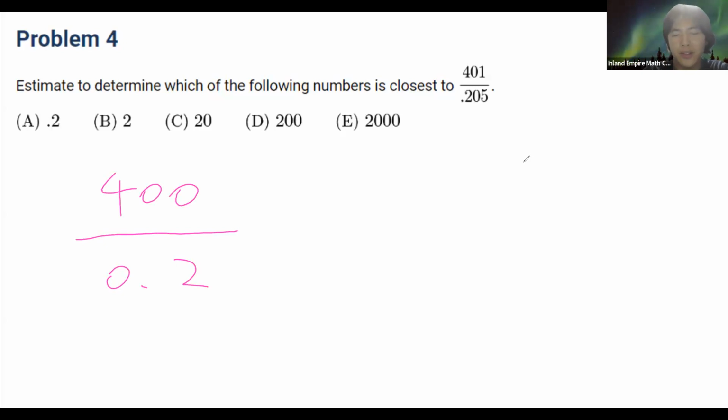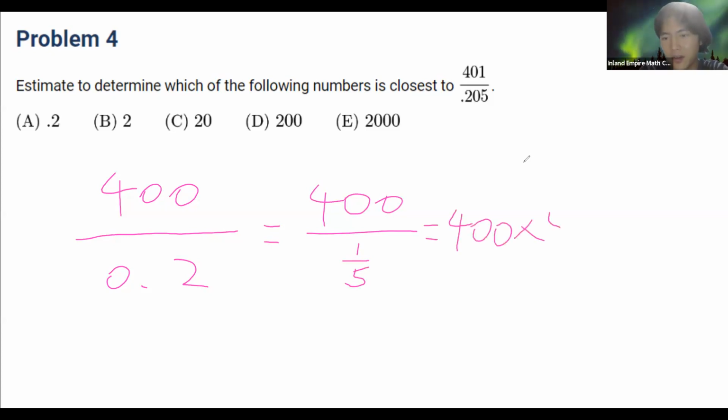So what does it mean when we divide by 0.2? One way you could look at this is to say that 0.2 is 1/5, right? So if you divide 400 by 1/5, that's basically saying 400 times 5, and that would give you 2,000, right?